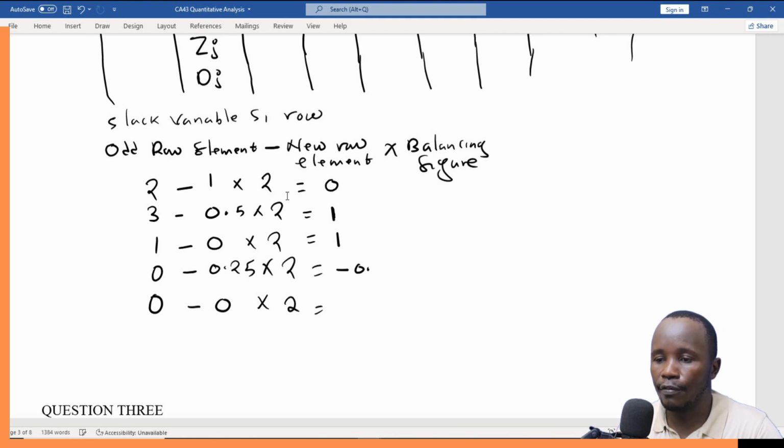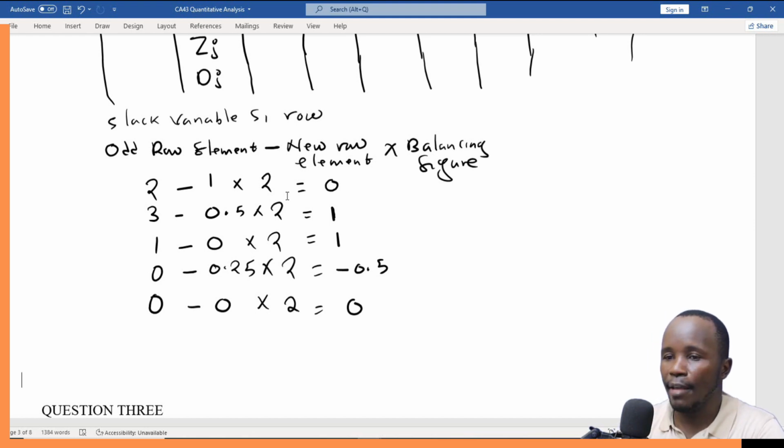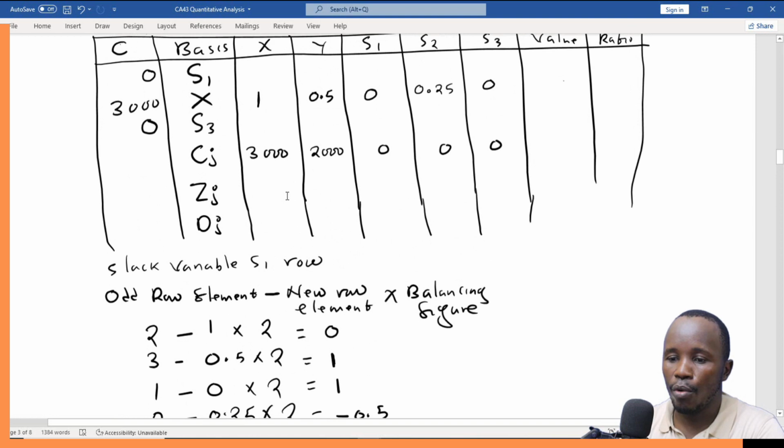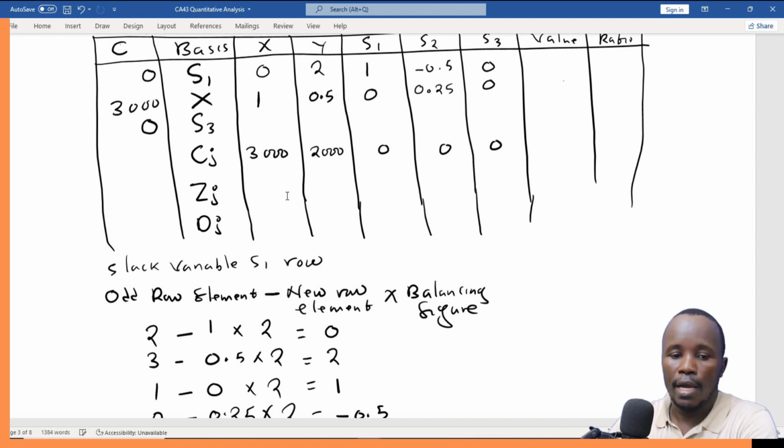Negative 0.5. Then 0 minus 0 times 2 gives me 0. So these elements are the new elements for the slack variable 1. So I'm going to bring them here: 0, then 2, 1, then negative 0.5, then 0, and that is it.